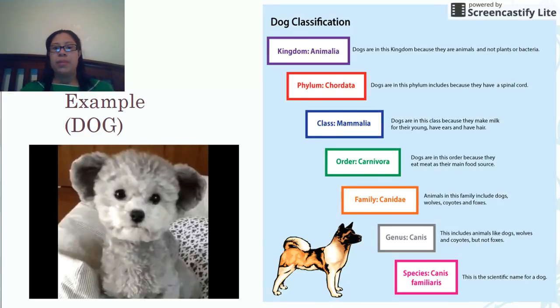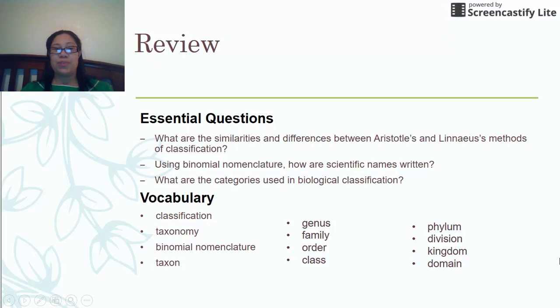It's an animal. It's in the phylum Chordata, class Mammalia, order Carnivora, family Canidae, genus Canis, and the species is familiaris. So it gets the species name Canis familiaris. It's a tongue twister.